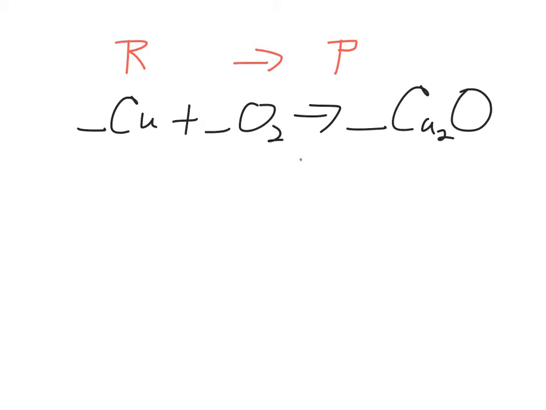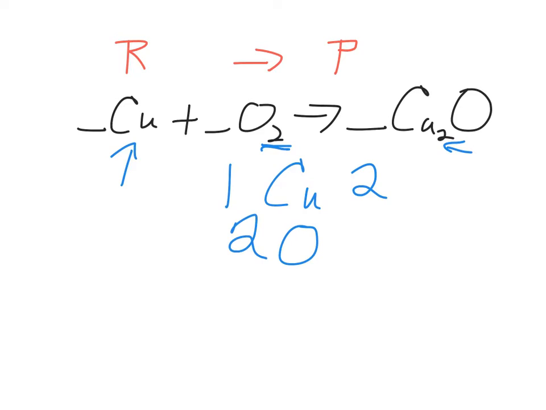Okay, you have copper, you have oxygen. On this side, I have only 1 oxygen. On the product side, I have 2 oxygen. Now remember that that bottom number tells you how many of that particular atom you have. So on the reactant side, I have 2 oxygen, and on the product side, I have 1 oxygen.